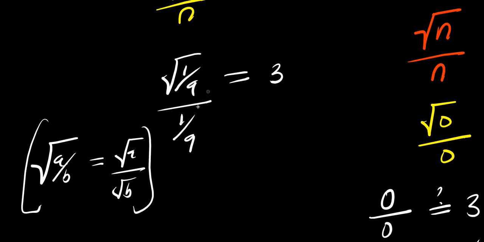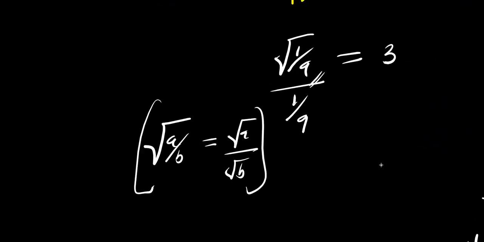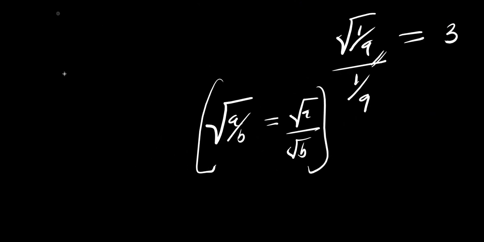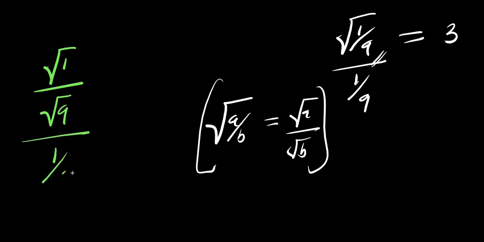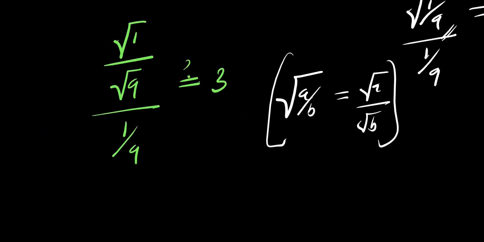So, we apply the same here. That means we are going to have square root of 1 divided by square root of 9, divided by 1 over 9. So from here, we have square root of 1 divided by square root of 9, 1 over 3, divided by 1 over 9 equals 3.